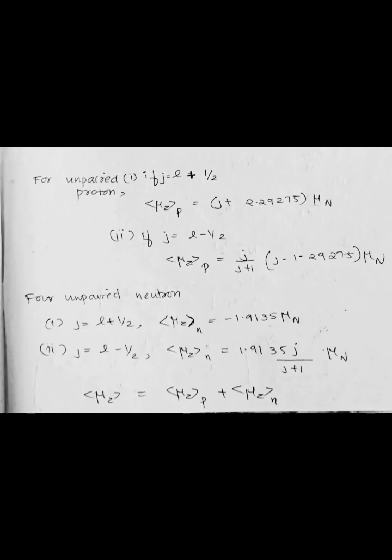Then for the unpaired neutron, if J is in the form of L plus half, then mu z is equal to minus 1.9135 mu n, and if J is in the form of L minus half, then mu z is equal to 1.9135 J divided by J plus 1 into mu n. And here the total moment mu z is equal to mu z of proton plus mu z of neutron. Using these equations, we can calculate any question related to the magnetic moment.